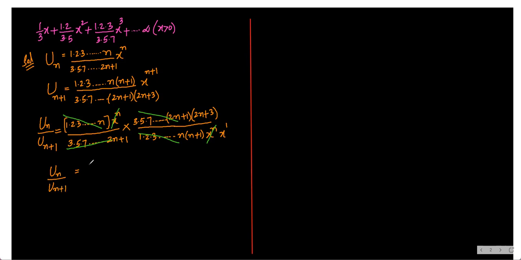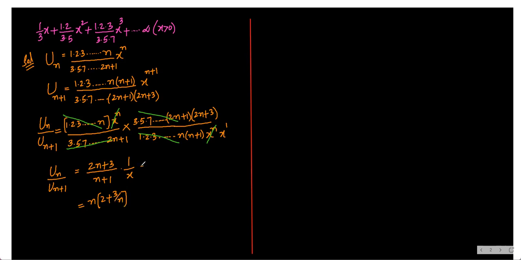Like this, 2n plus 3 by n plus 1 into x. Write x separately as 1 by x. Now we have to apply the limit n tends to infinity on both sides. Before that, one more step: take n common. We are getting 2 plus 3 by n.